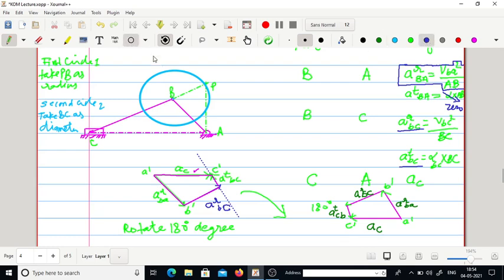So let me draw a circle. Here BC is the diameter, so this is the circle. Fine. So this is the second circle.